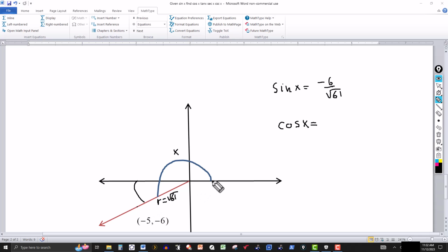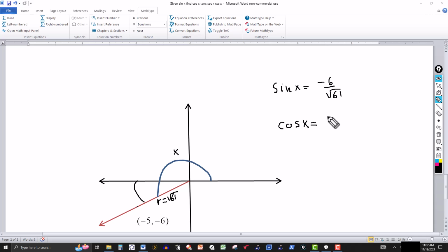If you have an angle in standard position, which is what this is, the initial side is the positive x-axis, and then it rotates counterclockwise. It's a positive angle, in this case to quadrant 3. And the sine of the angle is the y component, which is negative 6, over the distance to that point, which is your radius. We could form a circle there.